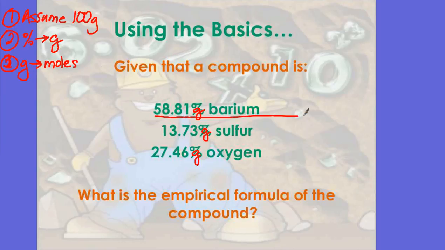If I have this many grams of barium, what would be my mass of barium? 137.33. Someone punch that in the calculator for me. 137.33. 0.428. Okay. We're good.